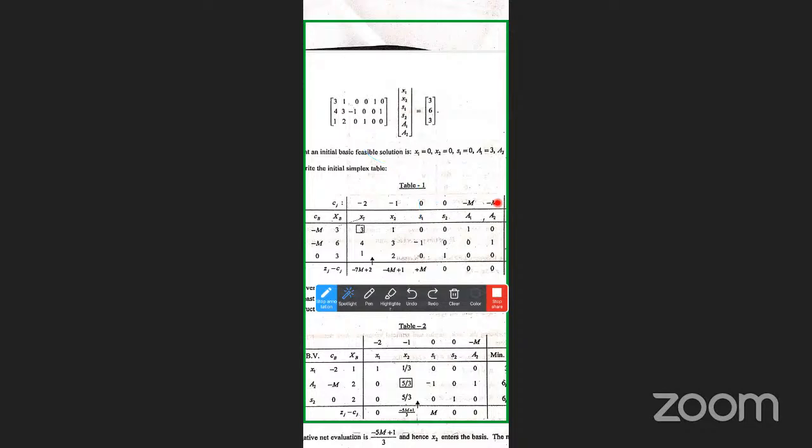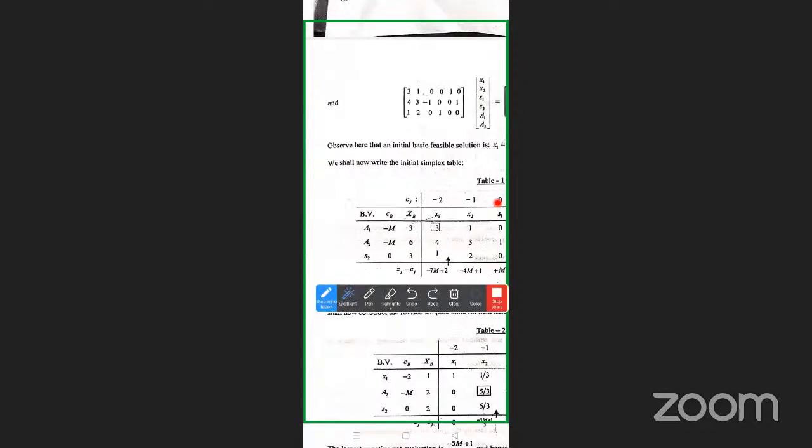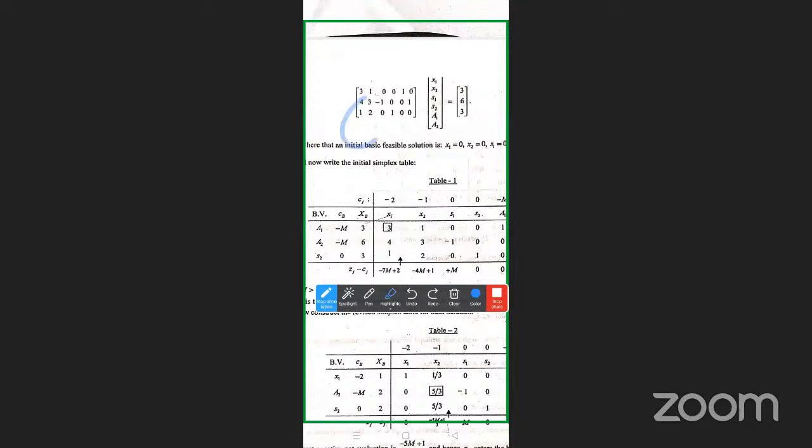So next, we have to find delta J. So delta J formula: delta J is equal to CB into XJ minus CJ. We have to find delta J for each and every column.